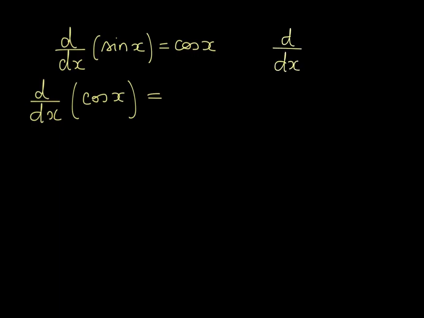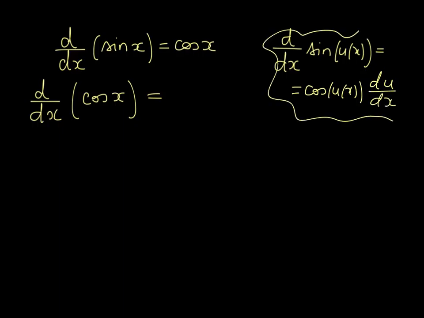So we know that the derivative with respect to x of sine of u of x is cos of u of x times the derivative of u. So we are going to use this, and I will write cos in terms of sine. So cos x is sine of pi over 2 minus x.